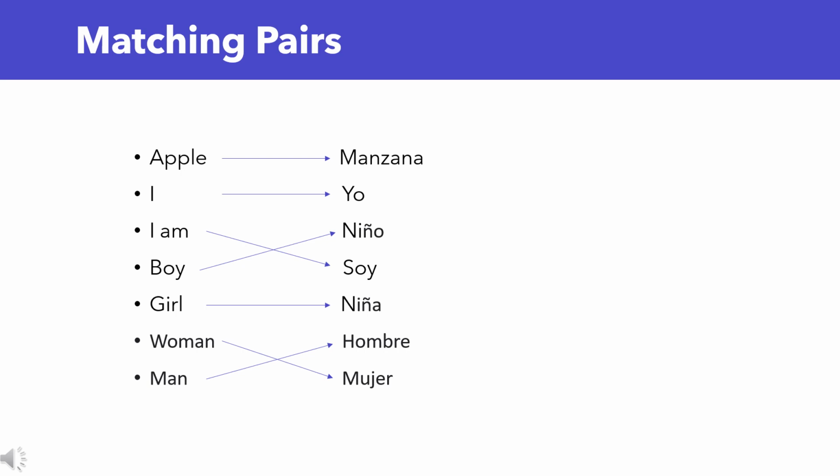Similarly, boy. For boy we say niño. Niño. Girl. For girl we say niña. Niña. Woman. For woman we say mujer. Mujer. Man. Man we say hombre. Hombre. I hope you were able to successfully match the pairs.